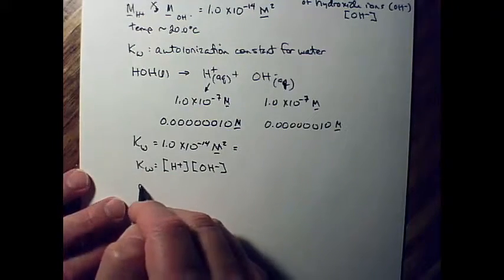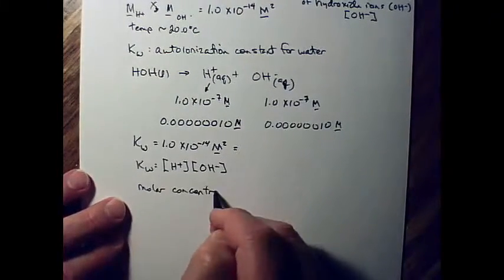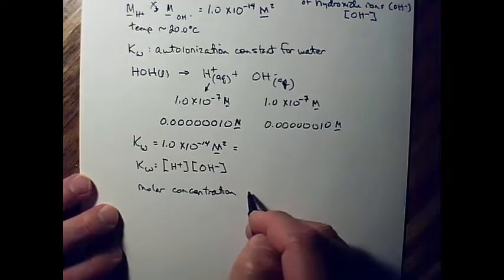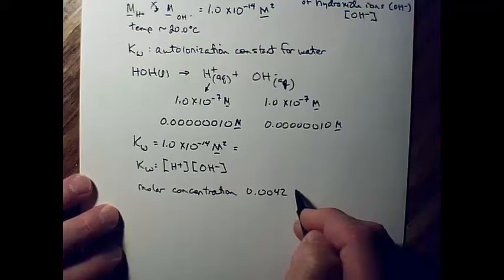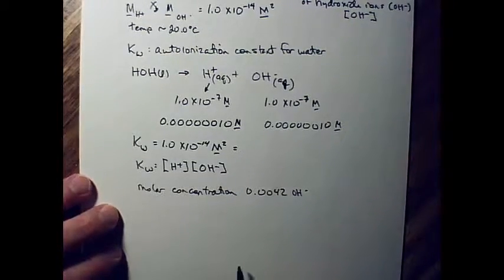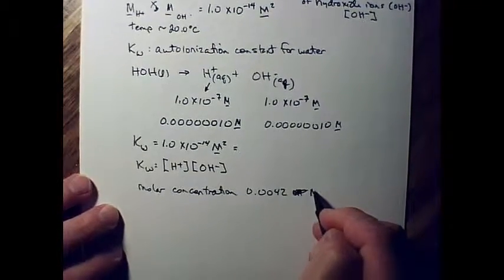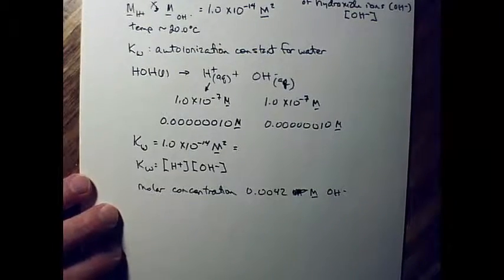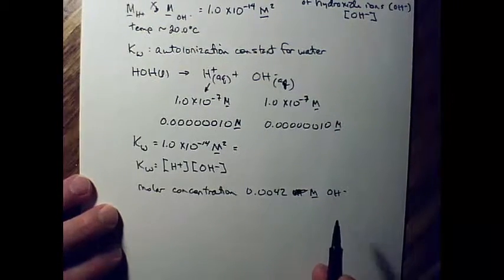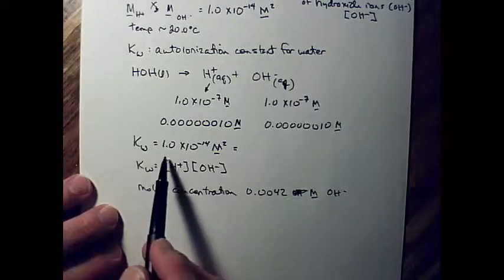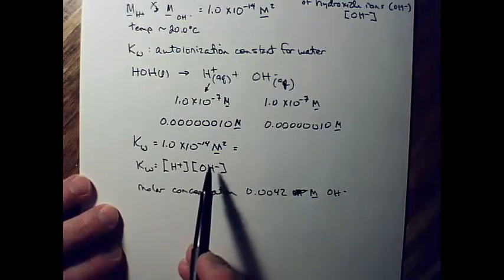If the molar concentration of hydroxide ions, OH negative, is 0.0042 molar, I can calculate the molar concentration of protons using this relationship right here.